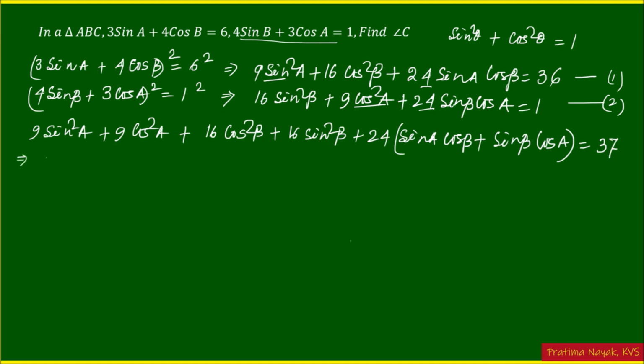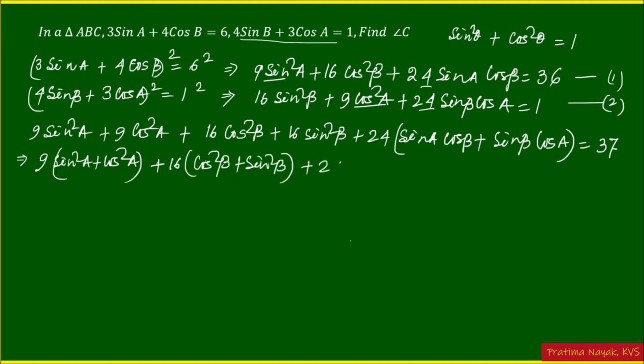Now 9 times sine square A plus cos square A will give us 1, and 16 times cos square B plus sine square B gives 1.